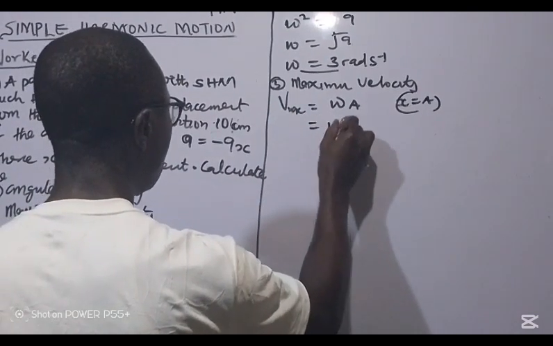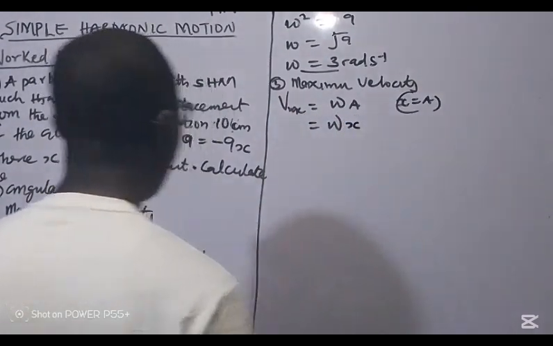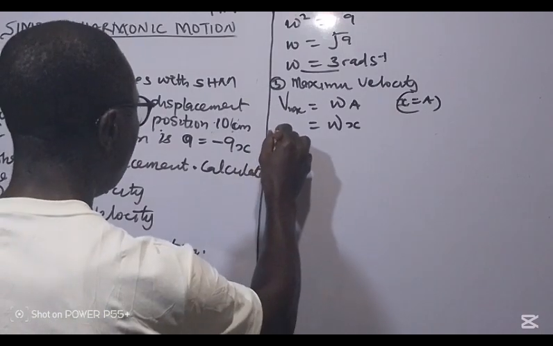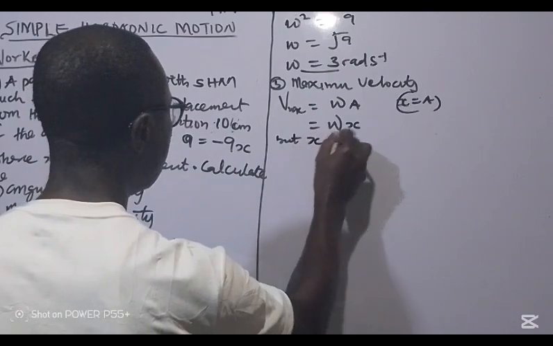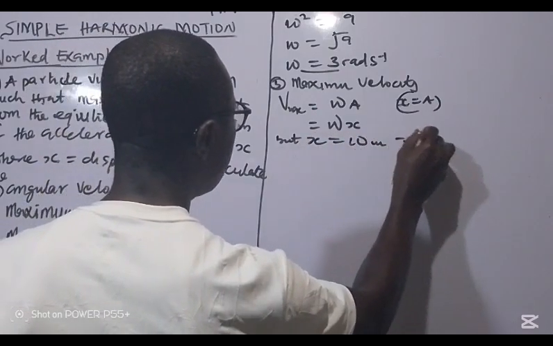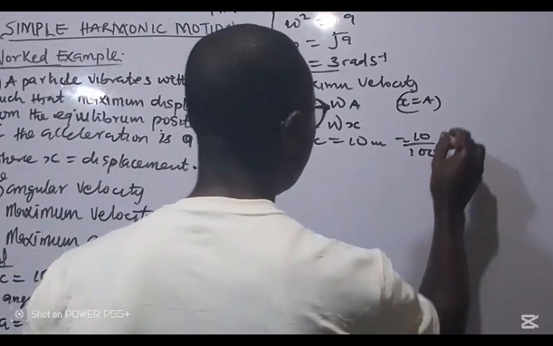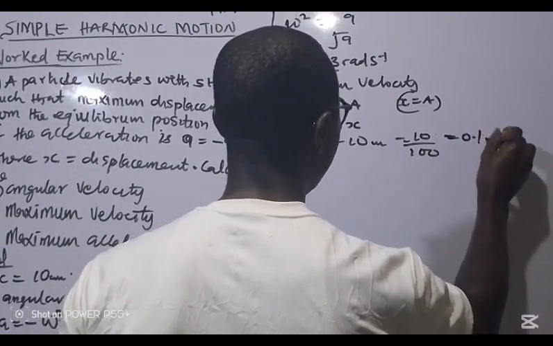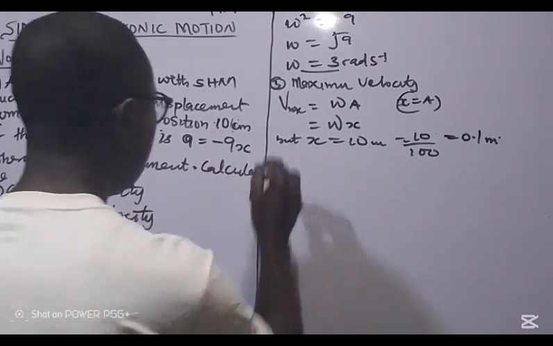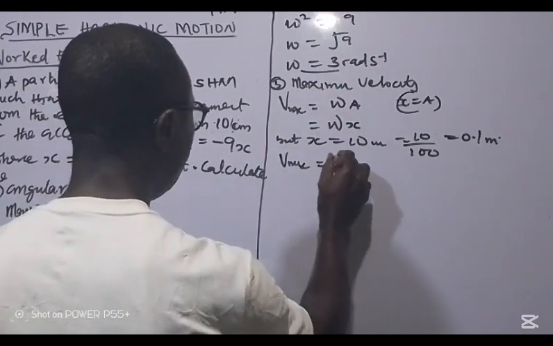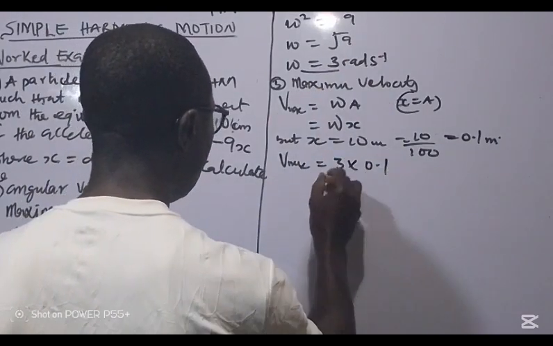And x in the question is given as 10 centimeters, that is displacement. Convert it to meter, that is divided by 100, so this will give us 0.1 meter. So V maximum will be equal to 3 multiplied by 0.1, which gives us 0.3 meter per second.